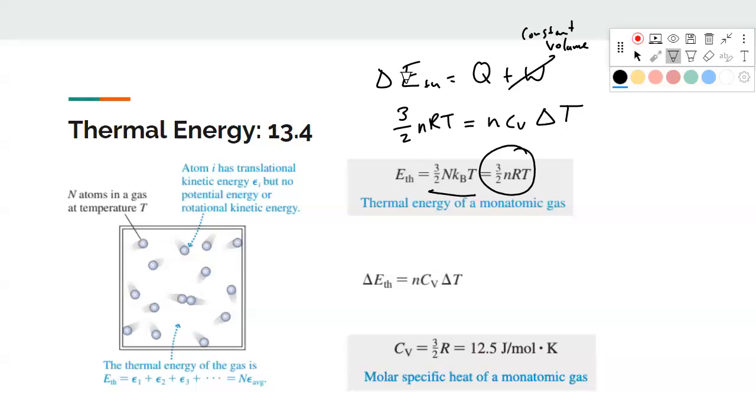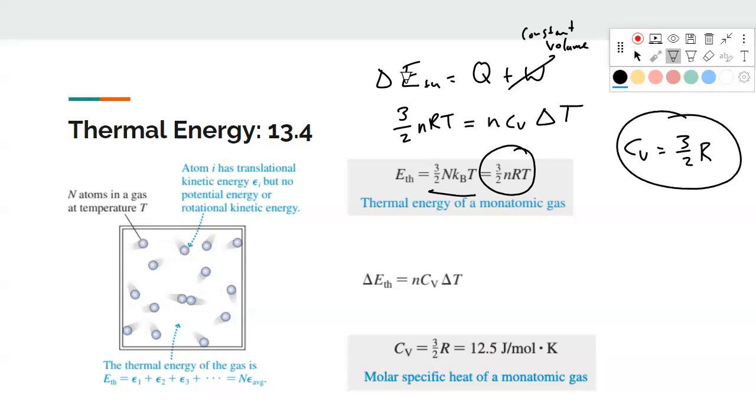And so what you can see here is that the C_V matches this 3/2 R. And so that's the result we were discussing yesterday, that for a monatomic gas, the constant volume molar specific heat capacity is 3/2 times the ideal gas constant.